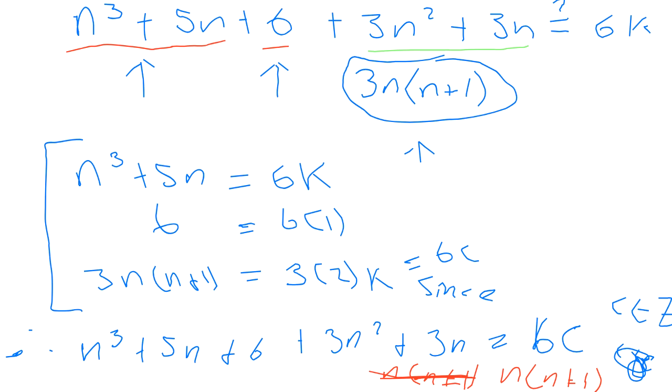So 3n times n plus 1 is equal to 3 times 2 times some integer k, which is equal to 6 times an integer. And the reason is since the 3 is multiplying, and n times n plus 1 is a product of two consecutive integers, therefore that entire product must be divisible by 6.